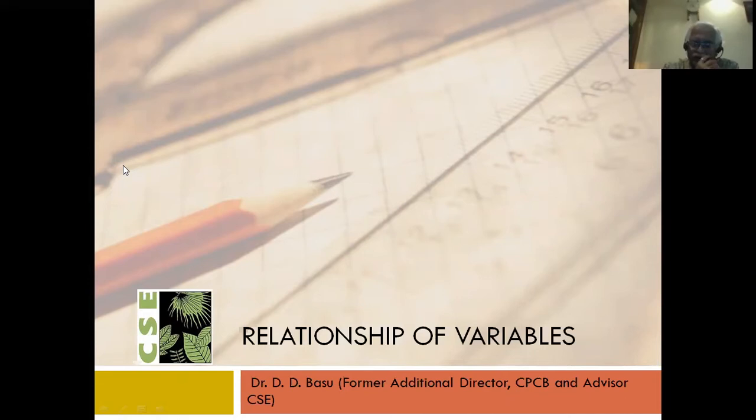Now we are going with the most important subject, the relationships of the variables. If you look at this, we are actually searching for a pattern. In fact, mathematics is a subject of pattern searching.